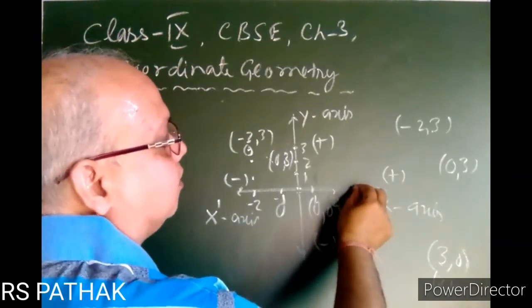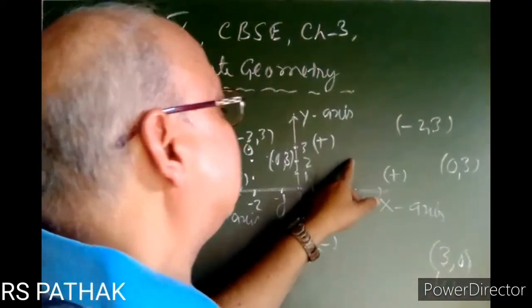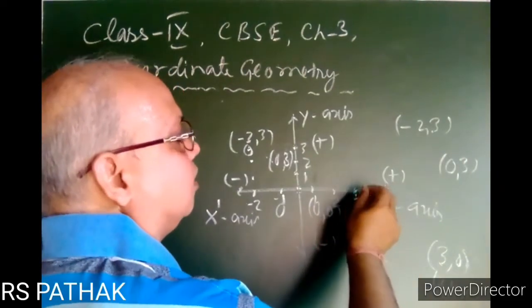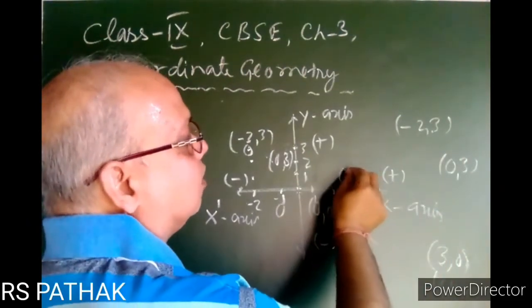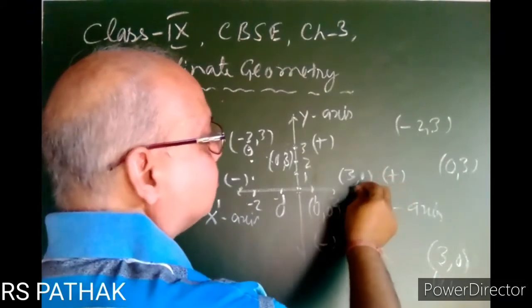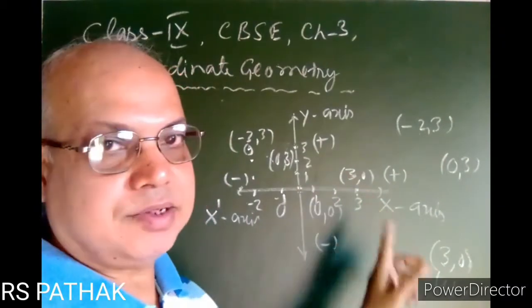You have reached this point, and y is 0. Y equal to 0 means it will not go up or down. It will remain at the same point. Therefore, the coordinate will be (3, 0). This point lies on the x-axis.